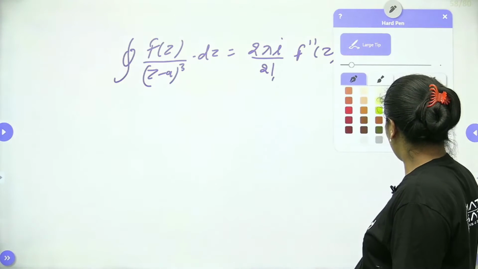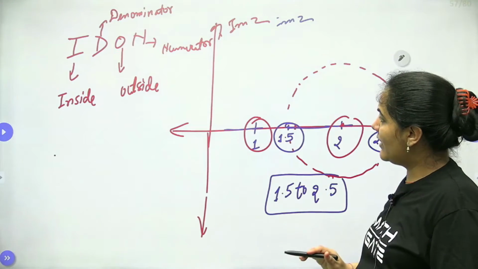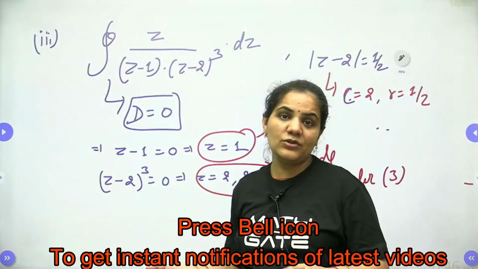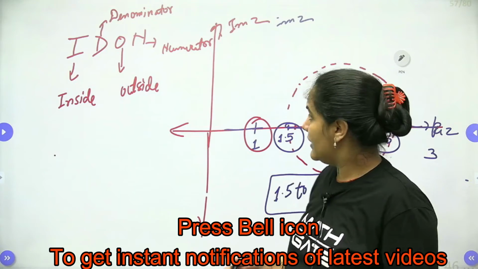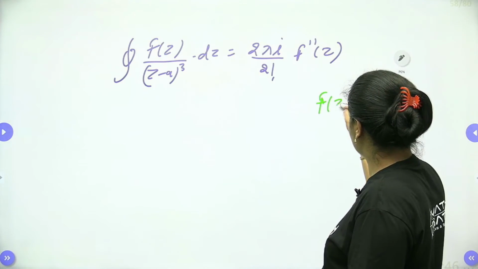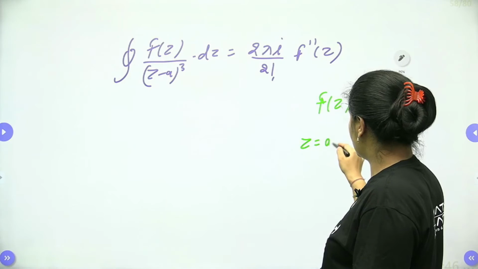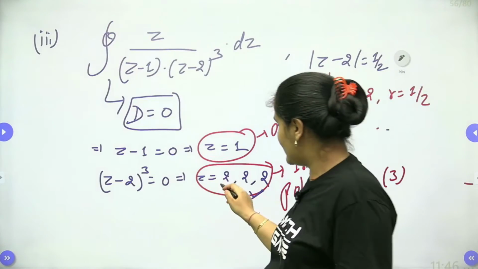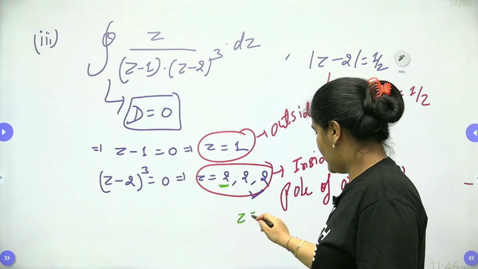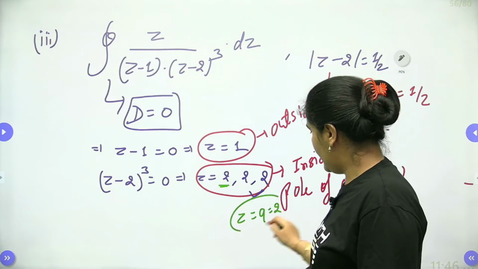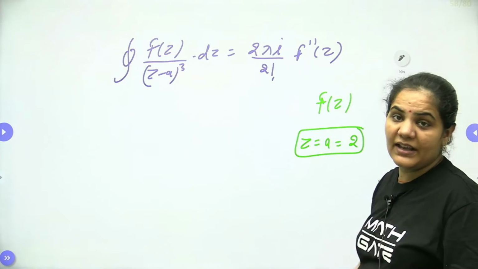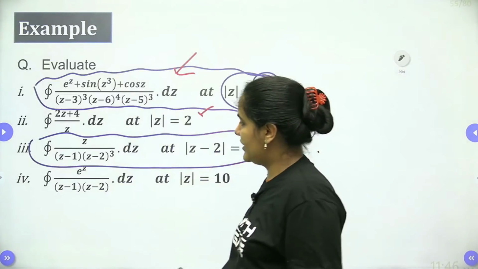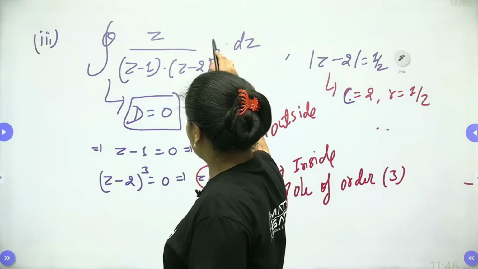When we approach this formula, we should know what is f(z) and what is a. Here we are getting a equals 2 only, so let me write down here a equals 2. Now what is f(z) here? This is a very important part. What is f(z) here? We started from this one.